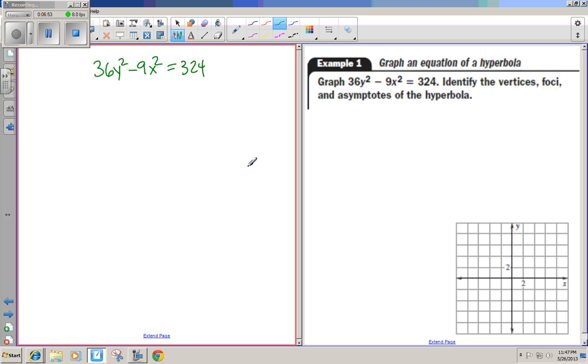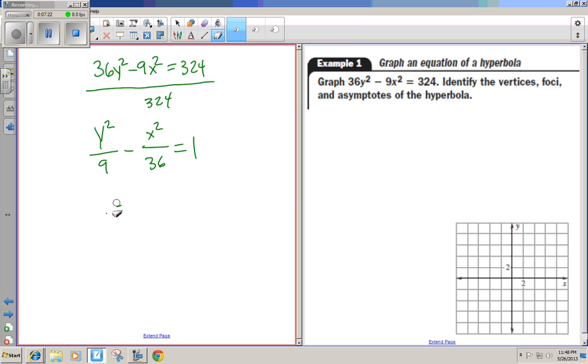So you end up with this first. And of course, just like last time, divide everything by 324, and that gives us the equation y squared over 9 minus x squared over 36 equals 1. All right, so the minus comes second. Therefore, let me write it like this.